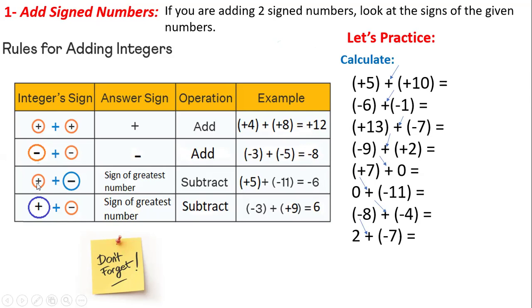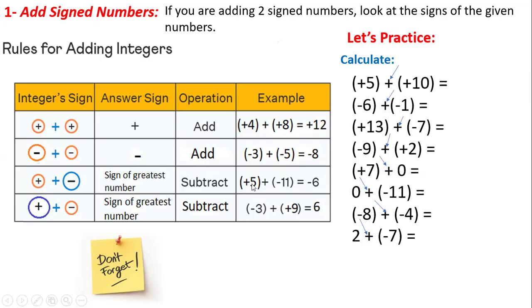Rule number 3, I'm adding a positive number with a negative number. Here I'm adding different signs. What I do here is I look for the greatest number and the sign of the result will be the sign of the greatest number and I subtract both numbers.